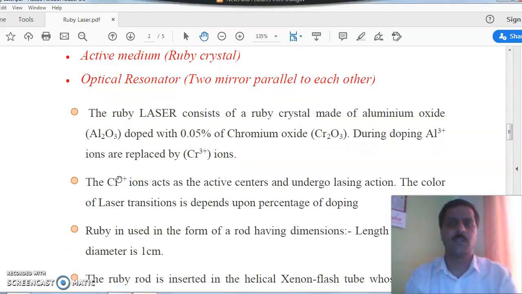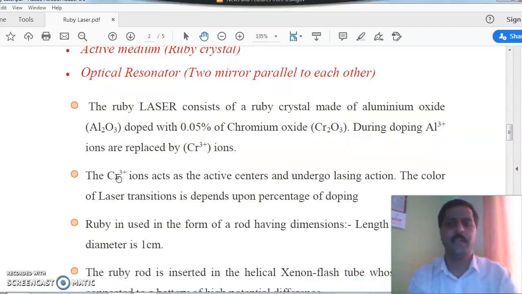Come to the construction in detail. The ruby crystal is made up of aluminum oxide Al2O3 doped with 0.05% of chromium oxide Cr2O3. During doping, aluminum 3 positive ions are replaced by chromium 3 positive ions.